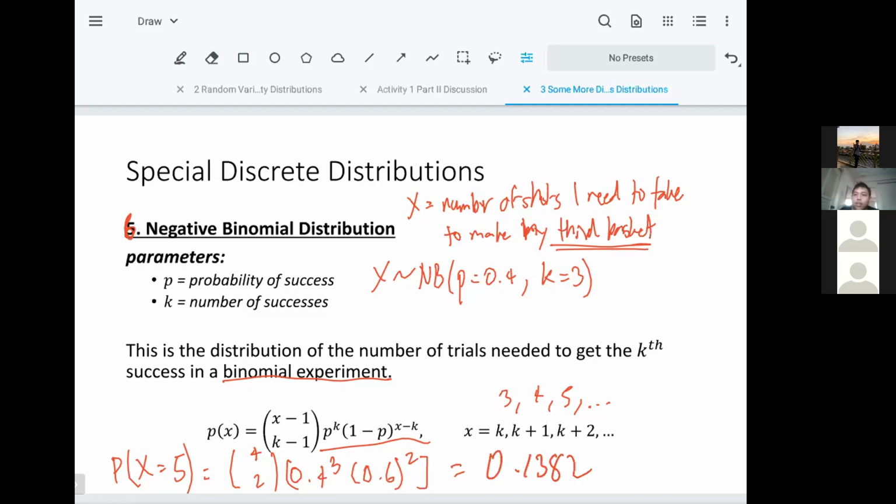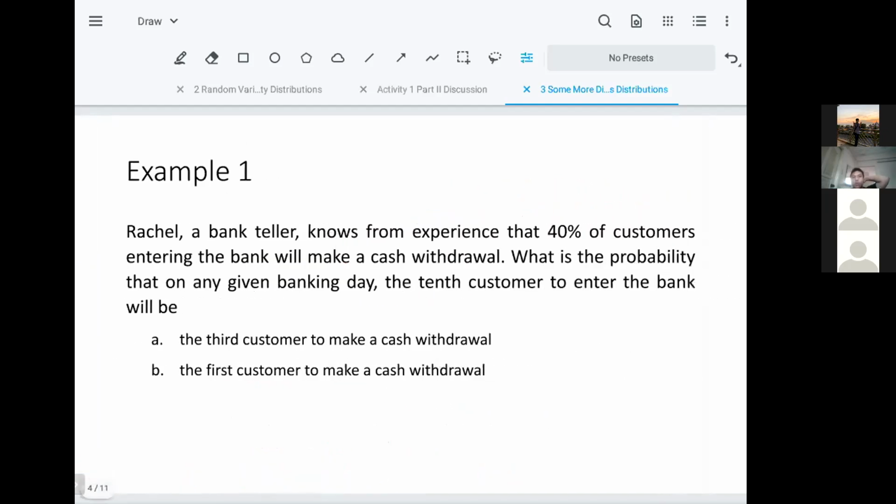So let me know if you have questions. But before we move on to the next topic, let's do one more example, because the next topic is a bit long. Rachel, a bank teller, knows from experience that 40% of customers entering the bank will make a cash withdrawal. From the first sentence alone, I know I have a constant probability of success, and my success is making a withdrawal.